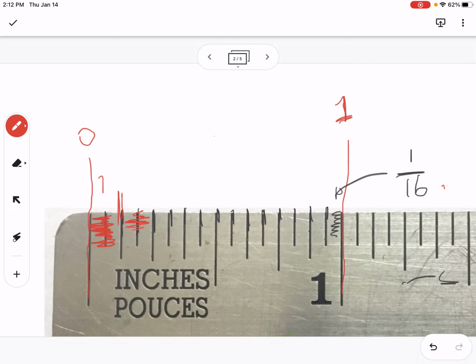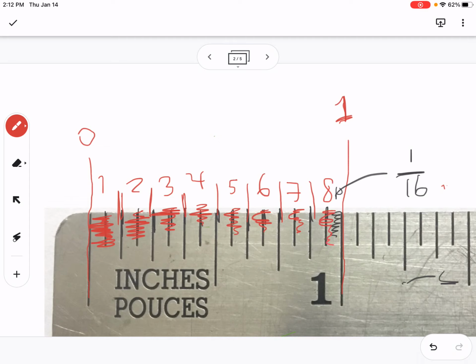And bundle those two together and call that part number 2. And I'm just going to keep going. Bundle those two and call that part 3. Bundle those two, and that's part 4. There's part 5. There's part 6. There's part 7. And there's part 8.